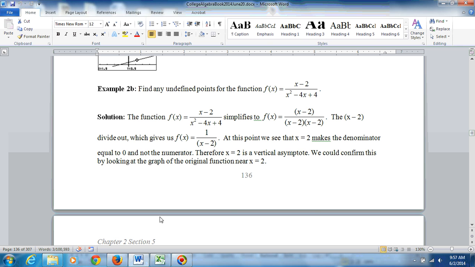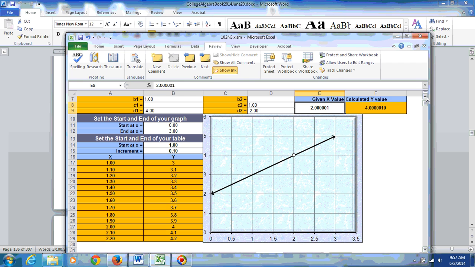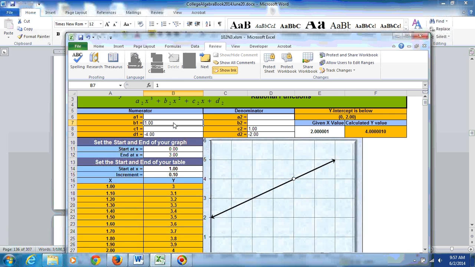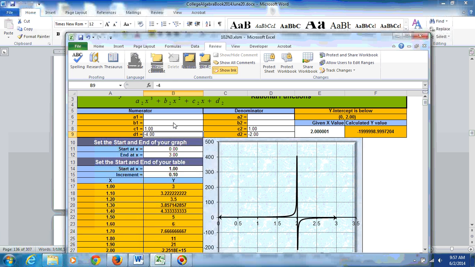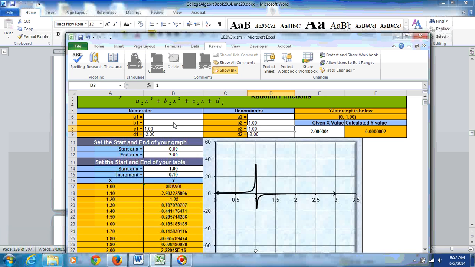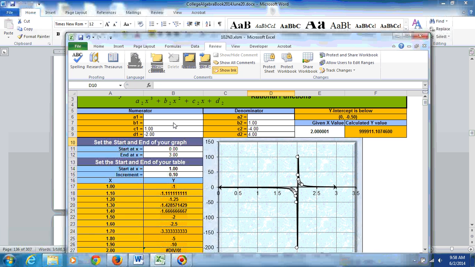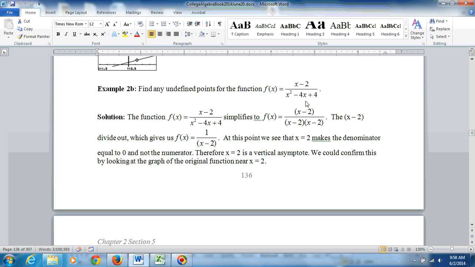So we have an x minus 2, and in the denominator, we had x squared minus 4x plus 4 right here. If we take a look at this, it's kind of confused about all the possible undefined points. So let's see if we typed it in right, and also let's see what we're looking for on this problem. And yeah, it is typed in right.